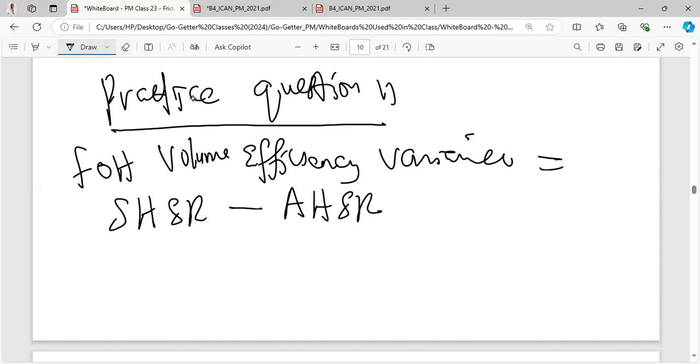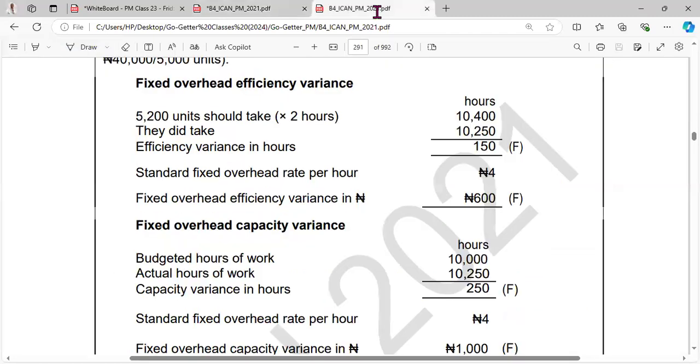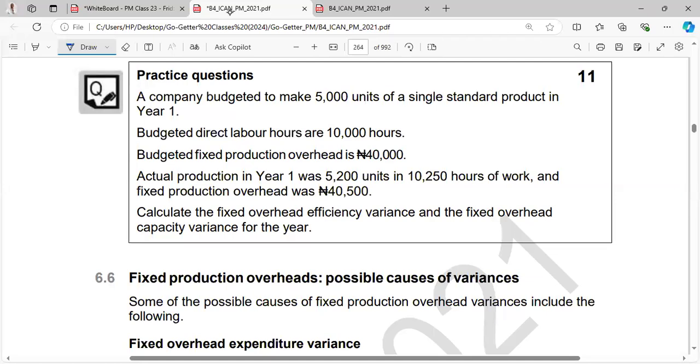So what is the standard hours? 5,200 units is what we are doing. So, 5,200 units. Okay, that is what you want to do now.